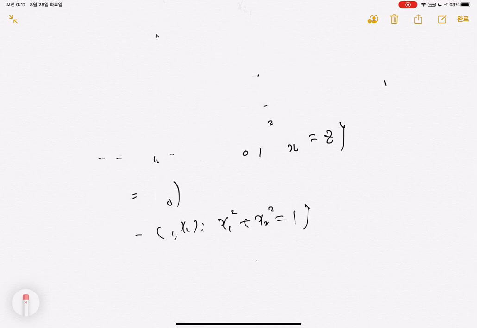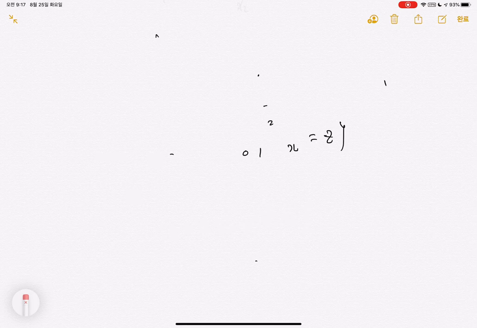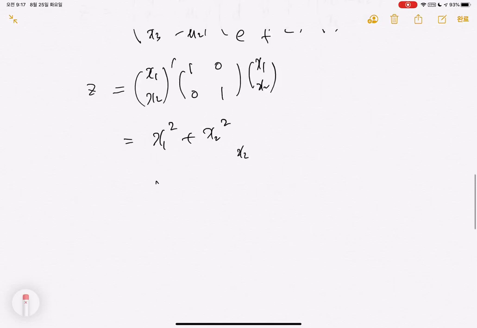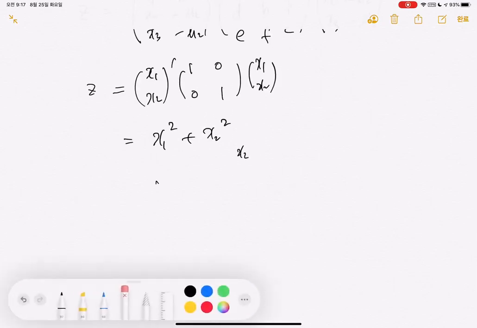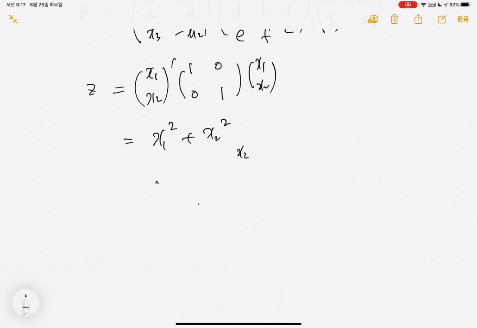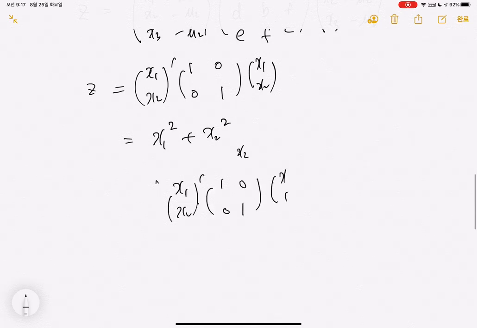Now this, because it's a circle, you can see that x1, x2 prime times the matrix [1, 0; 0, 1] times x1, x2.